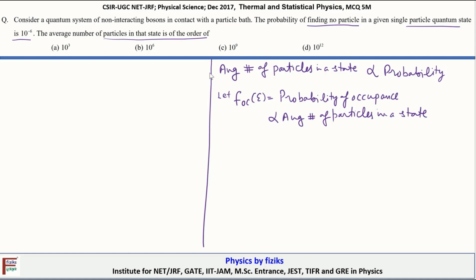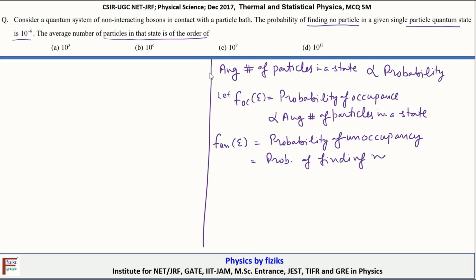Now in the same way we can define f, the probability of unoccupancy, and that is equal to the probability of finding no particle.